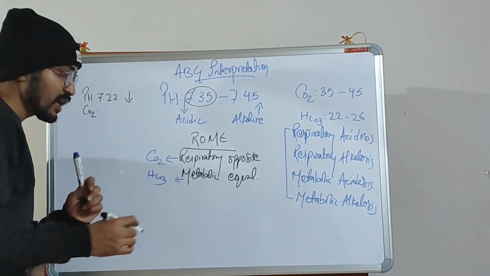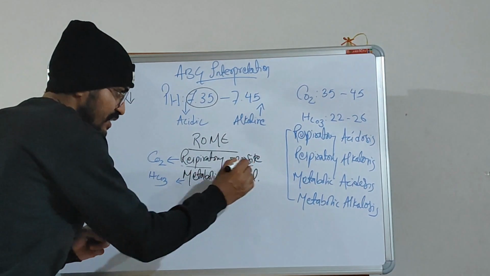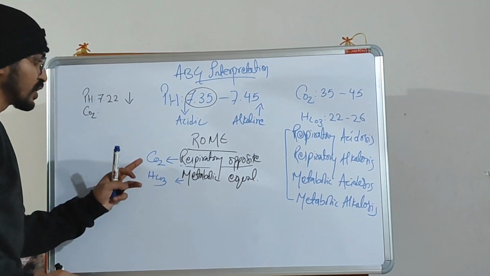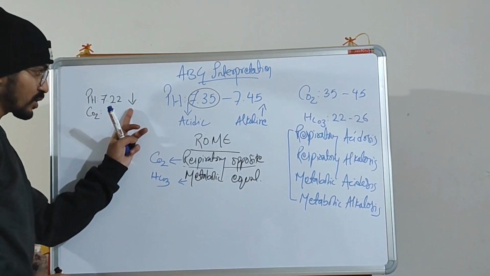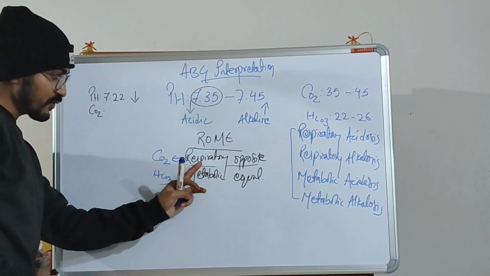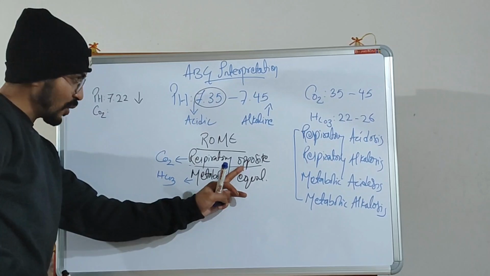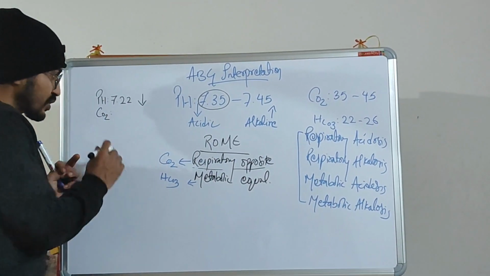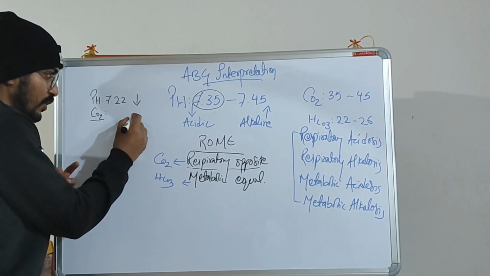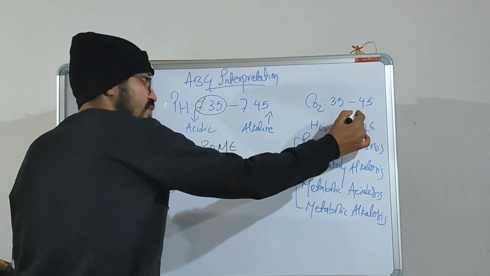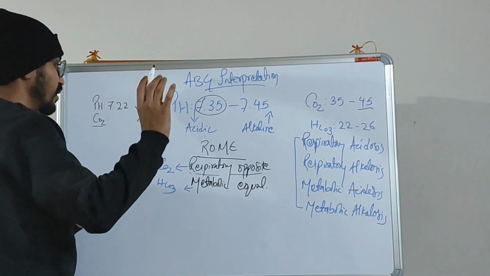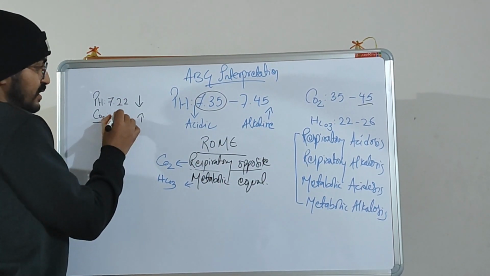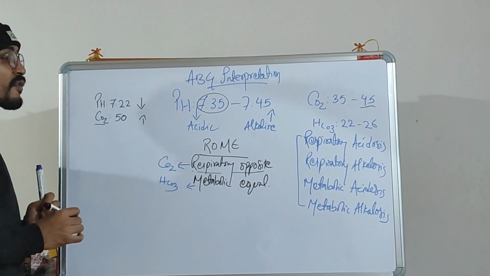To meet the formula of ROME, respiratory is always opposite. Because the pH is moving down, your CO2 needs to move upward, above the normal range of 35 to 45, above 45. Take for instance that the CO2 here is 50.